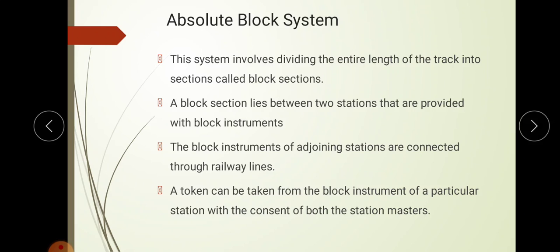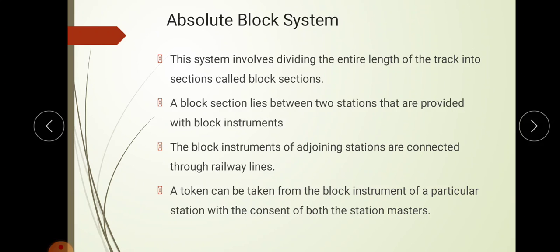And next is the absolute block system, the most commonly used signaling system in India, so it's very important. This system involves dividing the entire length of the track into sections, known as block sections. A block section lies between two stations that are provided with block instruments.